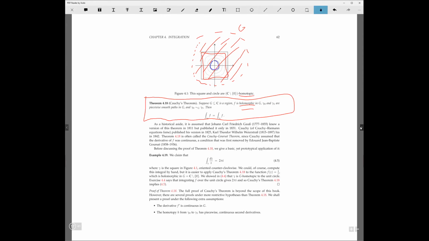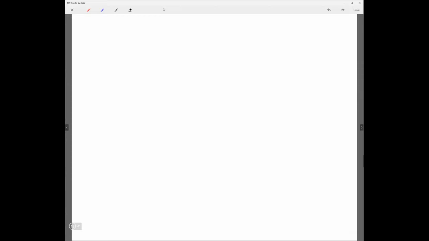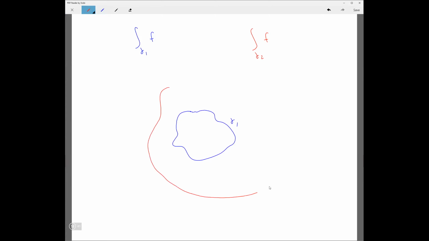Now, the way that I like to look at it is this. So let's suppose we have the integral of f over gamma 1 versus the integral of f over gamma 2. Okay. So I'm going to draw gamma 1 to be something like this. And then gamma 2, I'm going to draw it to be something like this.